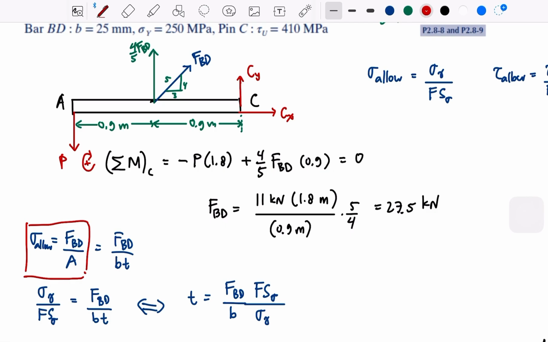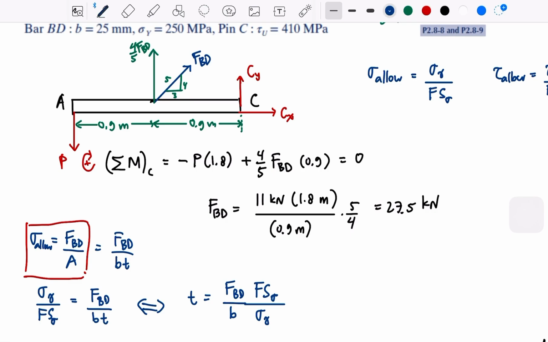And because the sigma needs to have some safety factor, it needs to have the sigma yield over a factor of safety, because that is the sigma that is allowable on the FBD. So we have this, and we need to find the thickness, right? And then we can rewrite it to this equation.